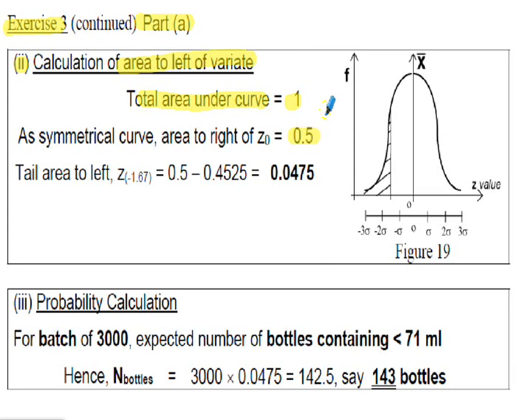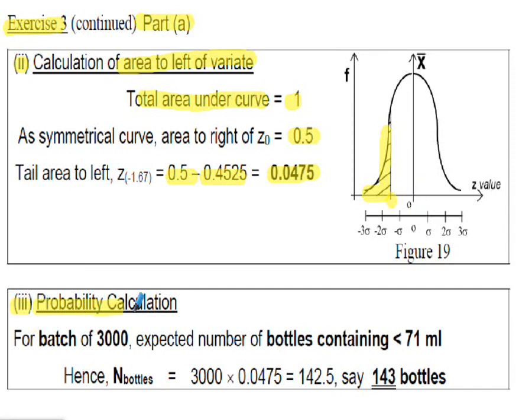To define the area to the left of the minus 1.67 variate, we take the 0.4525 from 0.5 to leave us what's called the tail area. So the 0.0475 in this case is the shaded area here, the tail area to the left of our minus 1.67 variate.